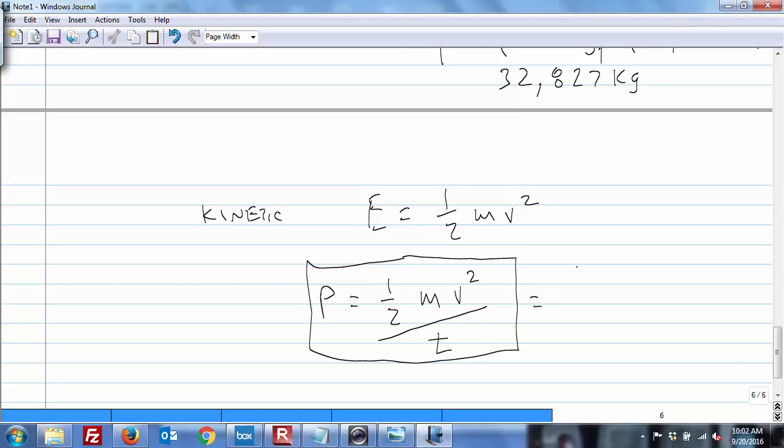So from there, it's just a matter of saying we got 1/2 times the 32,827 kilograms that we looked at already, times the 9 meters per second squared.